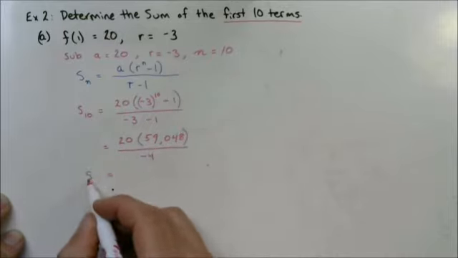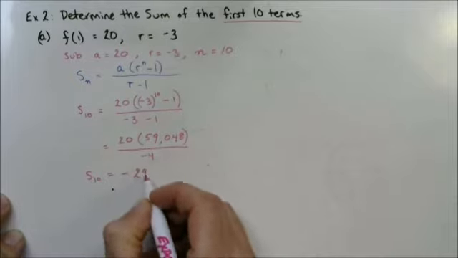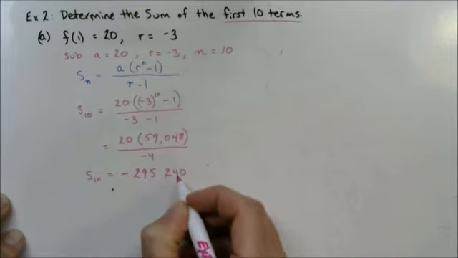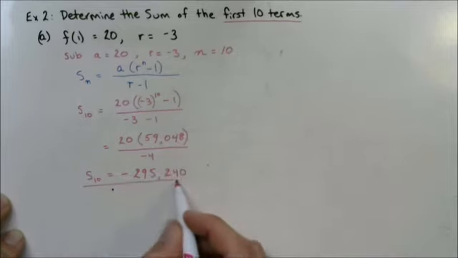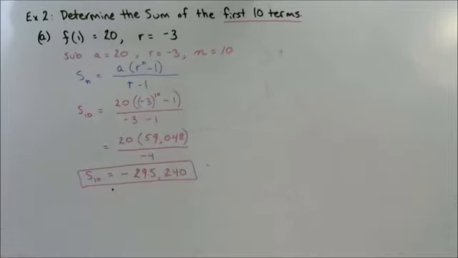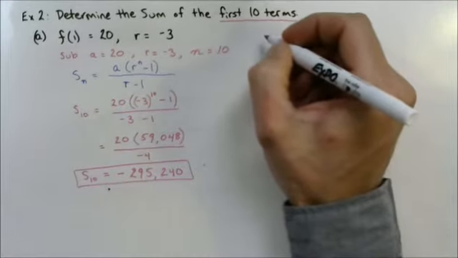You end up with the sum of the first 10 terms being -295,240. Okay? Again, that's just subbing in the information they gave us into our equation for the sum of the first n terms.